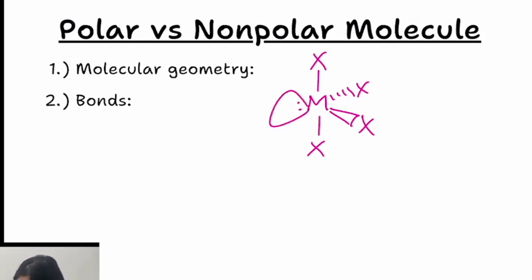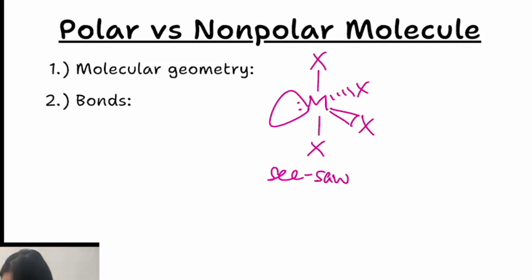So this is the seesaw structure. This is already asymmetric in 3D, then I don't even have to pay attention to the bonds. This is just a polar molecule, obviously.